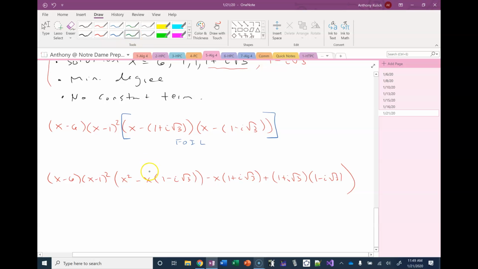Okay, and just like before, I'm going to distribute here and then FOIL there. So that's a plus.